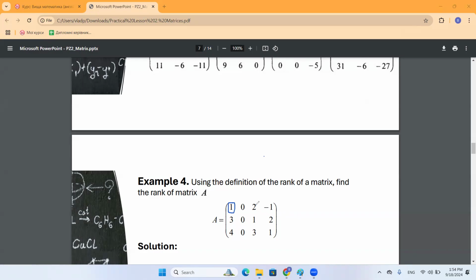So a minor of the second order. Okay, but let's write just the rank of A is greater or equal to 1.